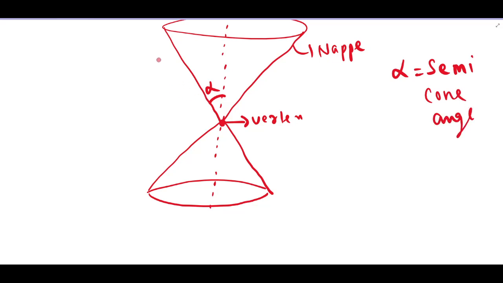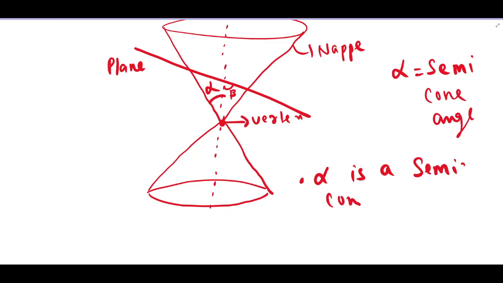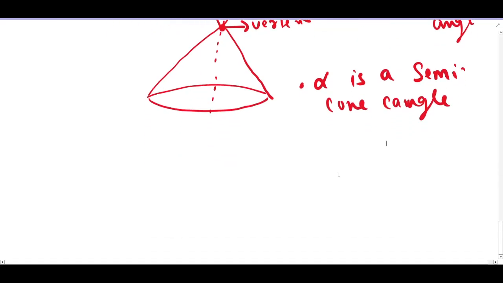And we have a plane which makes an angle with the axis of the cone, which is beta. So this is a plane surface which is intersecting the cone at an angle beta with the vertical axis of the cone. So alpha is the semi cone angle, and beta is the angle made by the plane with the vertical axis of the cone.